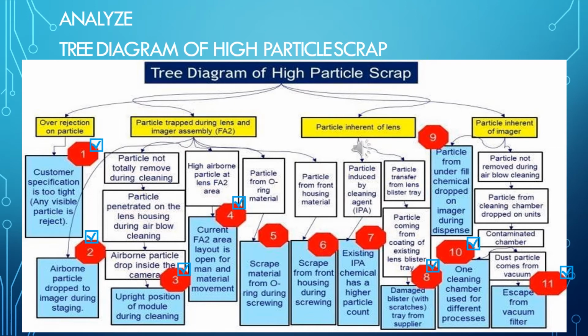Number three, upright position of module during cleaning. Number four, current FA2 area layout is open for man and material movement. Then, damaged blister with scratches from supplier. One cleaning chamber used for different processes. And lastly, escape from vacuum filter.